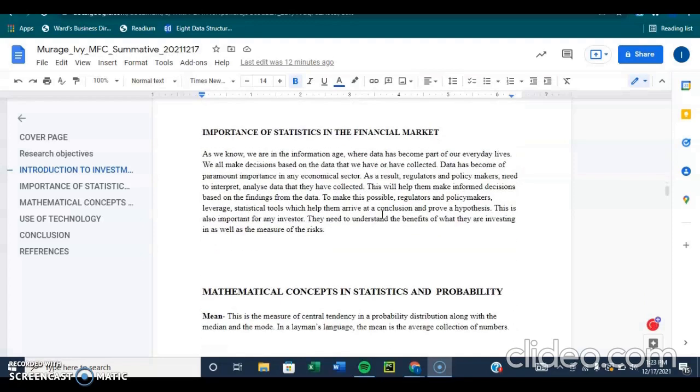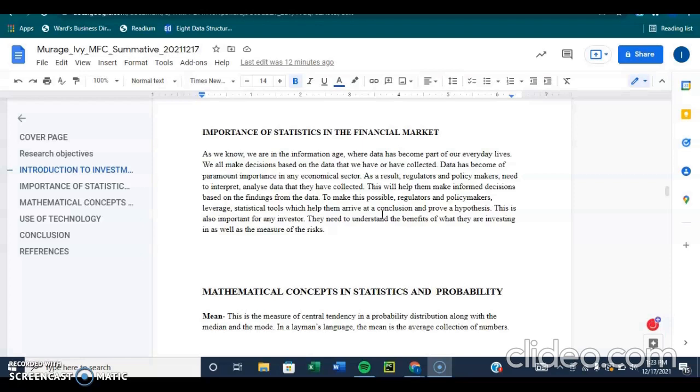As we know, we're in the age of information, where information has become paramount and is used everywhere in making informed decisions. But for you to make informed decisions, you really need to understand the data. And how will you understand the data?